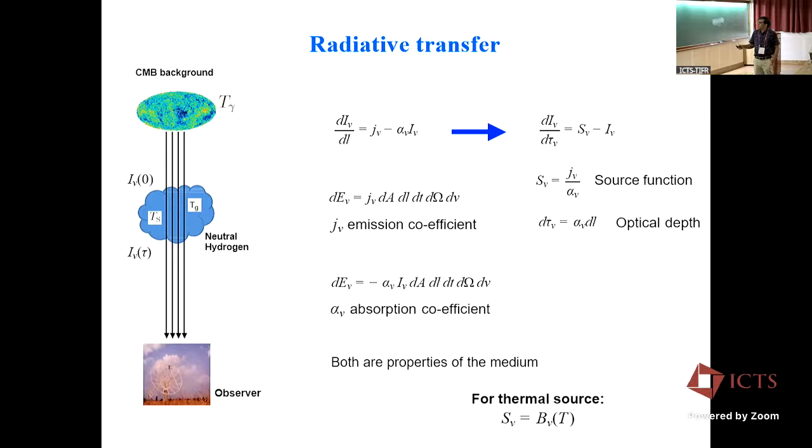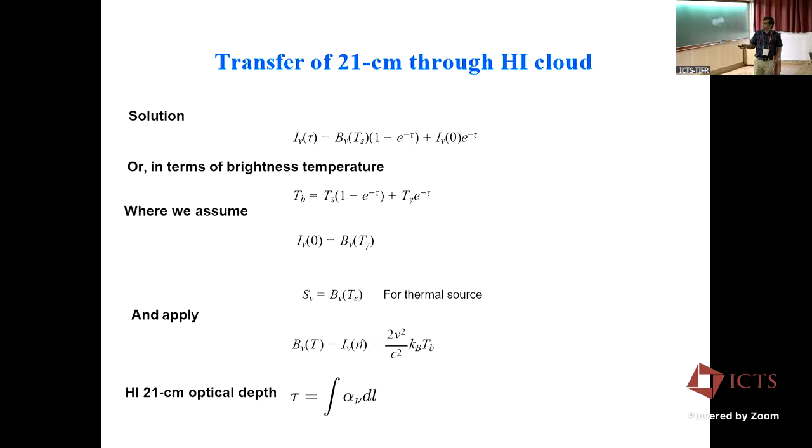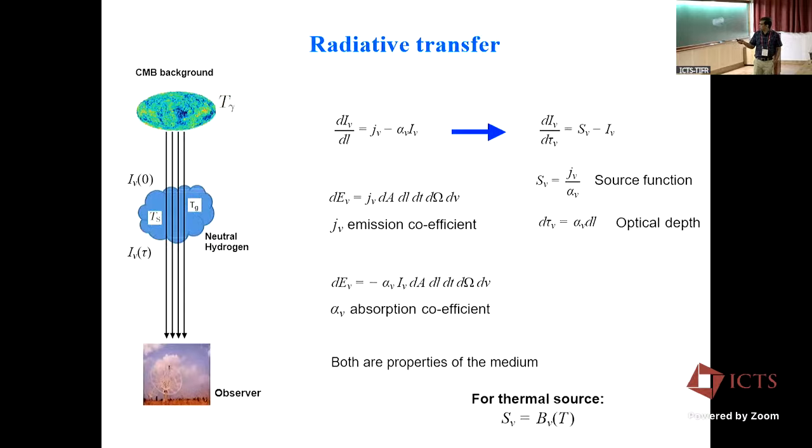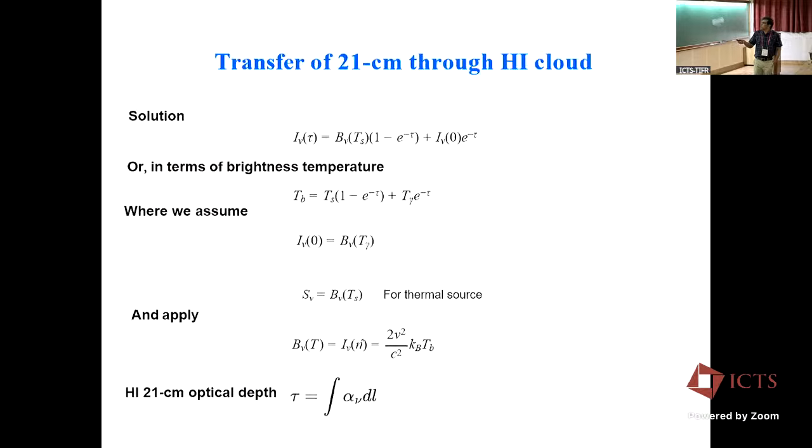Now the source function corresponds to the H1 cloud. If I solve this equation, the solution would be this. I am not proving it here, but it is given in the Rybicki and Lightman book.